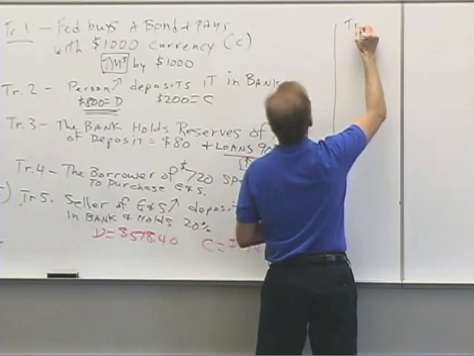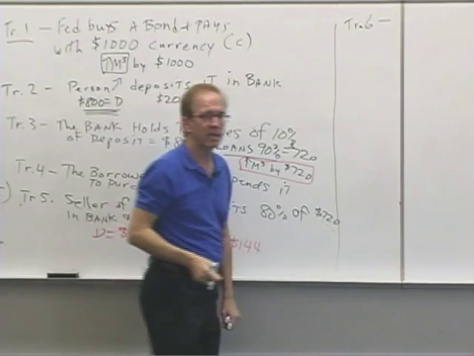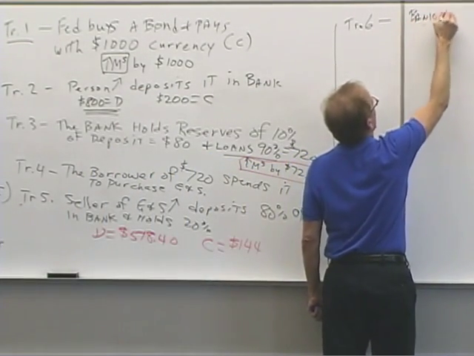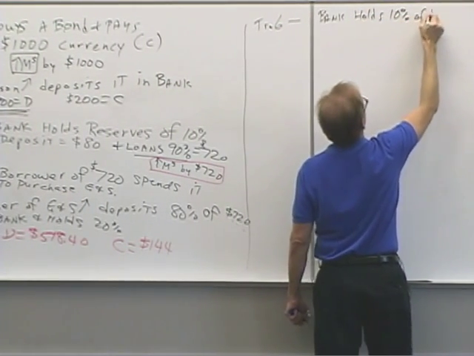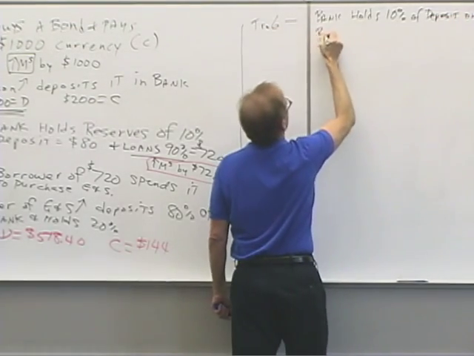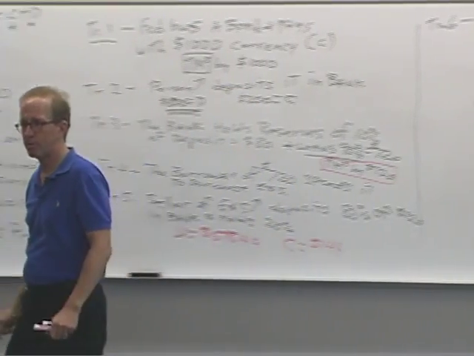Transaction 6. Is that right? 6? Yeah. What's the banker do? Bank holds 10% of deposit on reserve. Hey, how much is that? Pardon me?